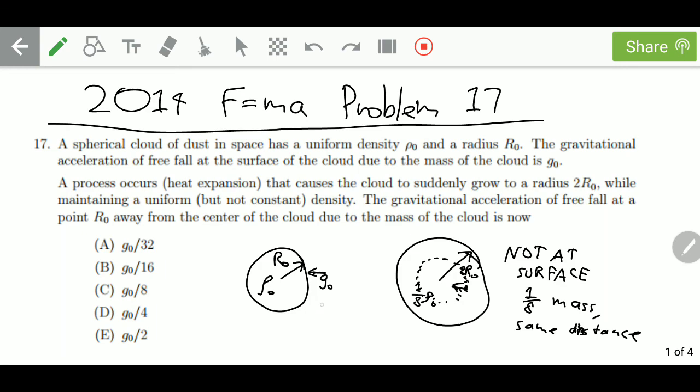And so the gravitational force is just the mass of the attracting object times the gravitational constant divided by the distance squared. Since the distance is the same and the mass is 1/8, the gravitational acceleration will be 1/8 as much. And so we get g naught over 8. All right. I hope that was helpful, and thank you for watching.